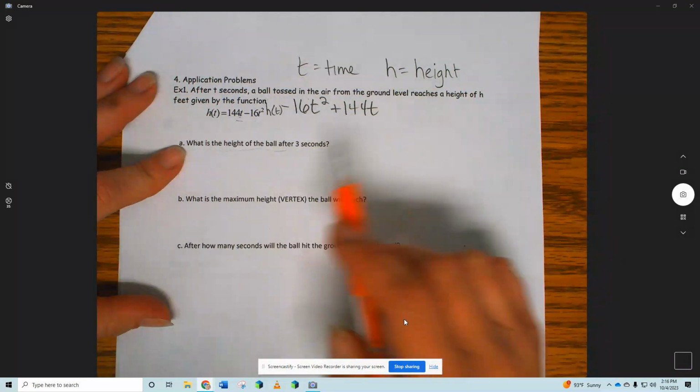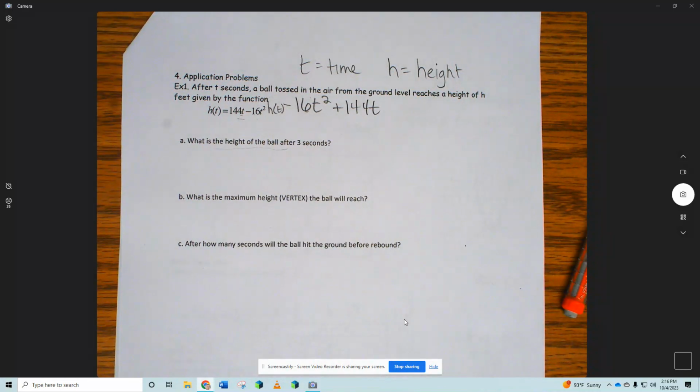What is the height of the ball after 3 seconds? I don't know what the graph looks like, but I want to know if 3 seconds have gone by, how high will the ball be? What should I do? Do something with 3.